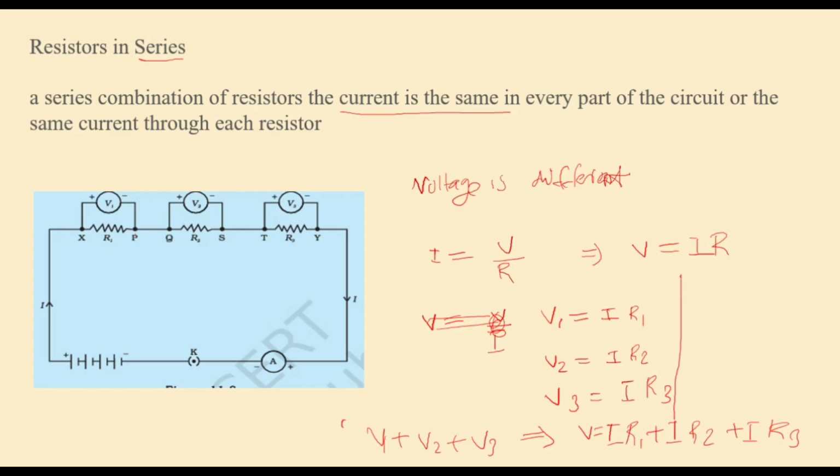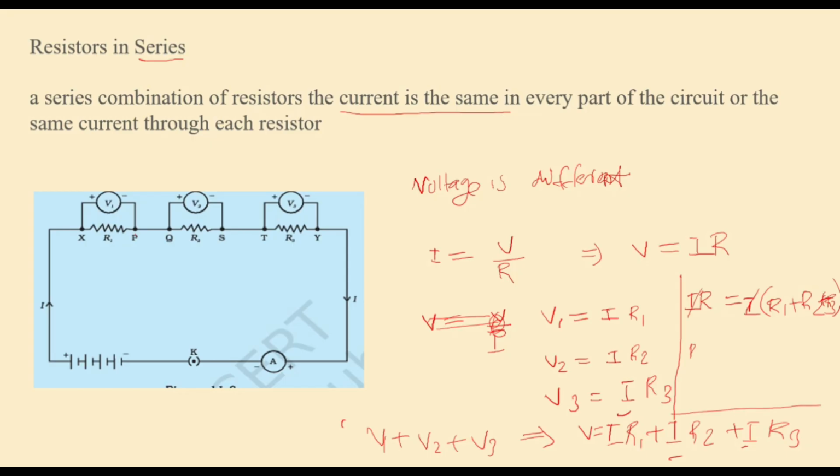We can write V is equal to IR, where I is common, so we take I outside, leaving R1 plus R2 plus R3. So this I and this I will be cancelled.